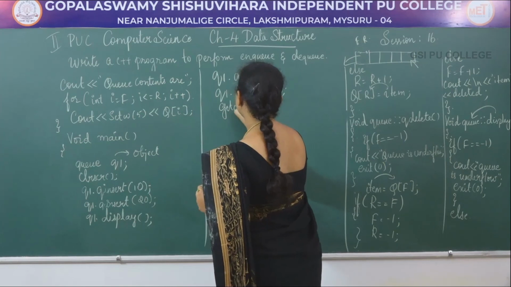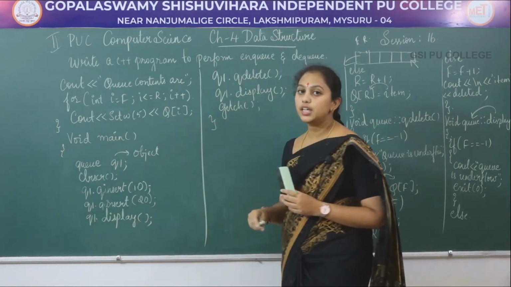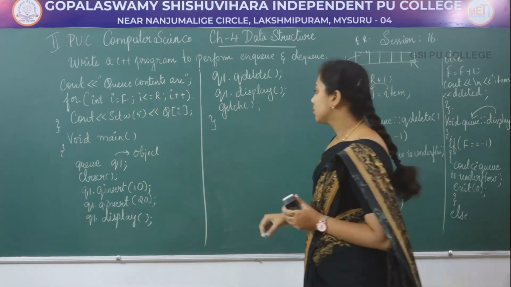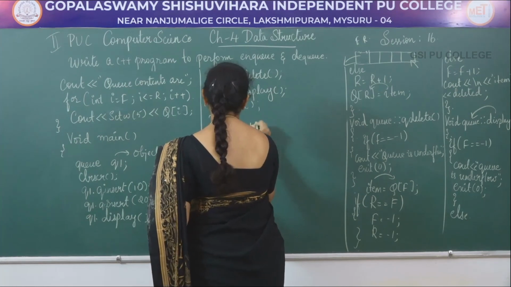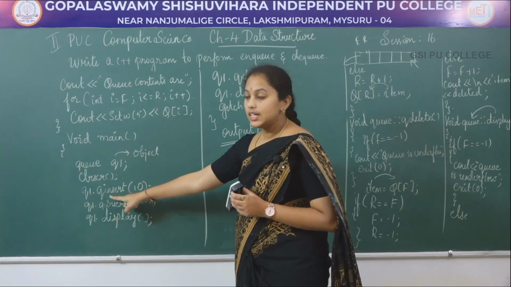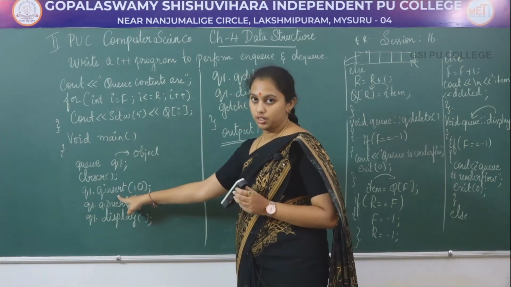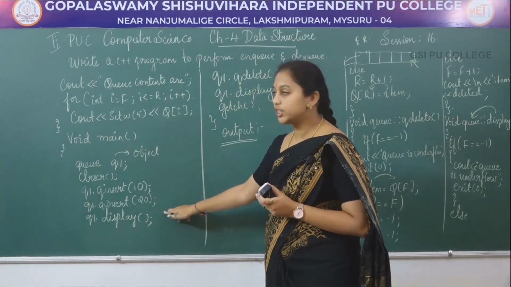The getch function is used to hold the display screen until the user presses any key on the keyboard. Now let's see the output of this program. First it will call the insert function. Here we have inserted 2 items into the queue.